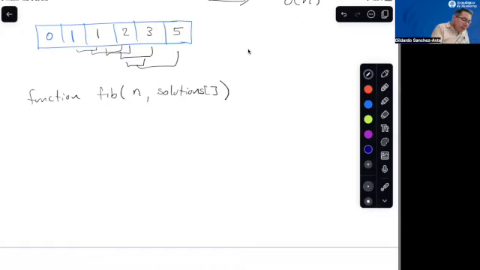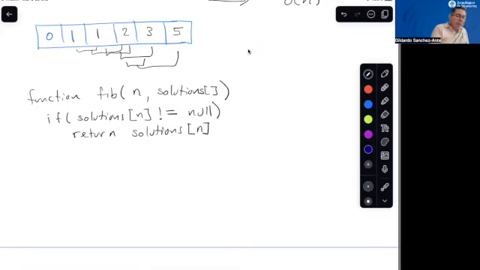And then the first thing I will do is to check if solutions is not empty, then I will return the value in solutions n.